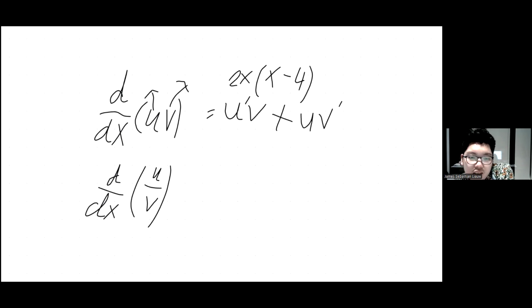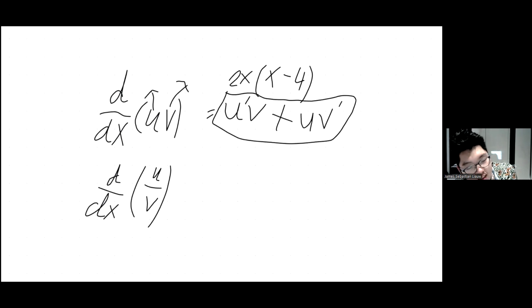This is something that you'll have to memorize because they're not going to give you the formulas for calculus in AMAF.